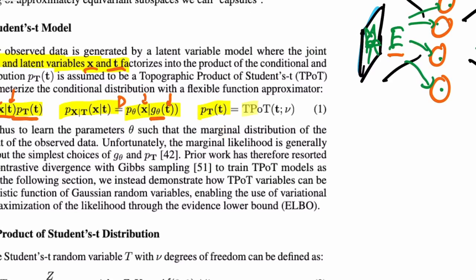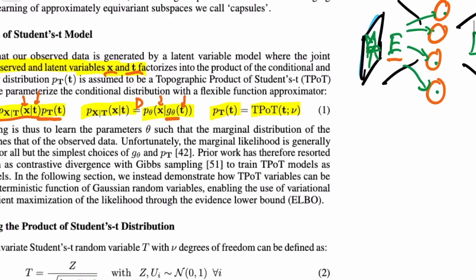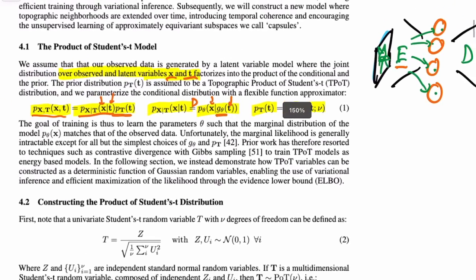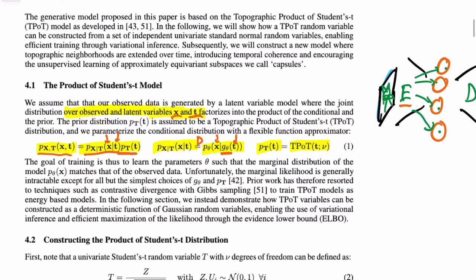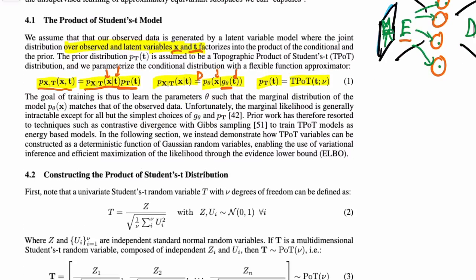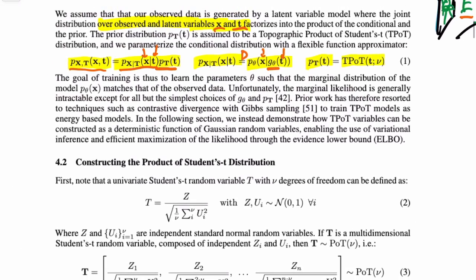It's actually this TPOT distribution, the topographic product of student T's model. That's going to be our distribution, and that distribution is going to encourage this topographically organized latent space.